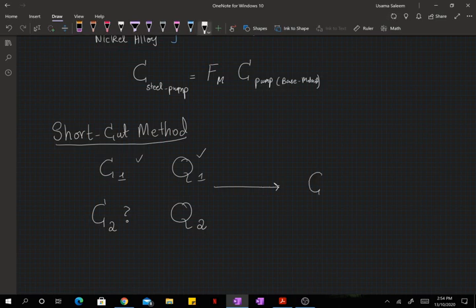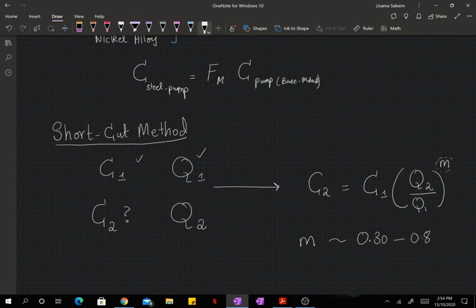So it's C2 equals C1 multiplied by Q2 over Q1 raised to some exponent M. And M can range between 0.3 to as high as 0.84.